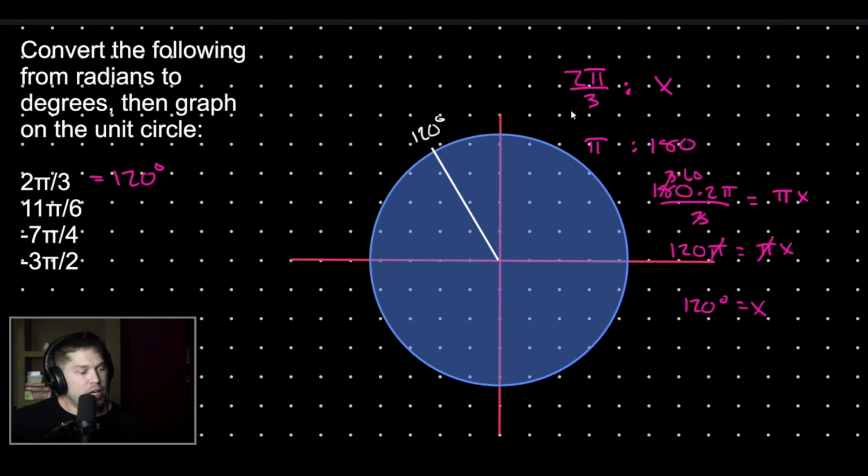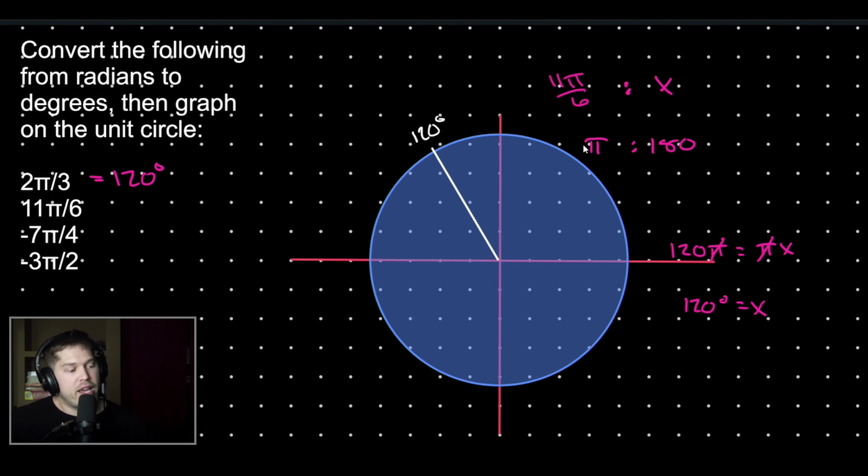So we set up here. I'm going to just erase this, change the work around a little bit. So we have 11 pi over 6. Here, let's change back to the pink color. We have 11 pi over 6 is to what degree measure? And we know that pi is to 180 degrees.